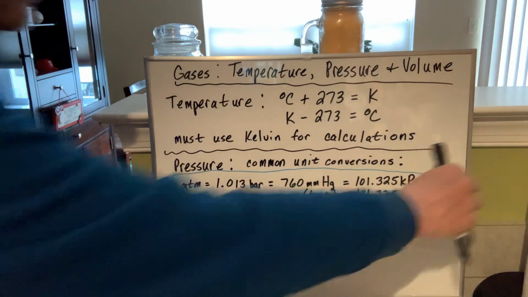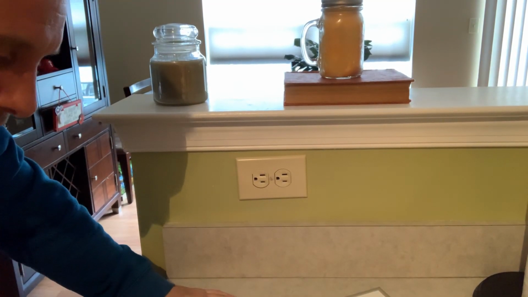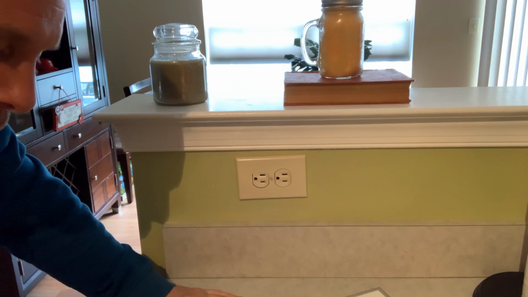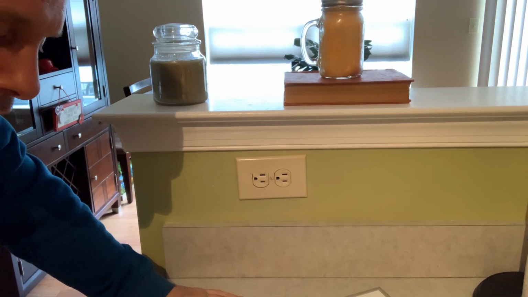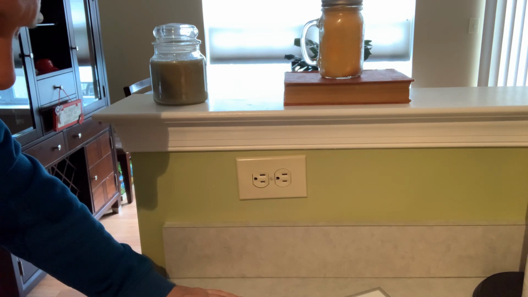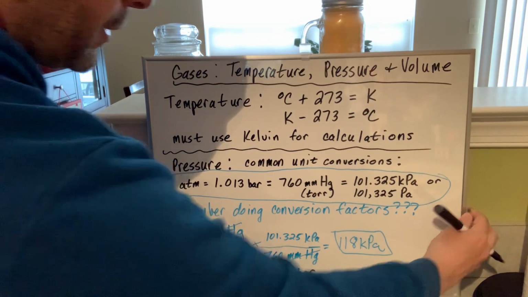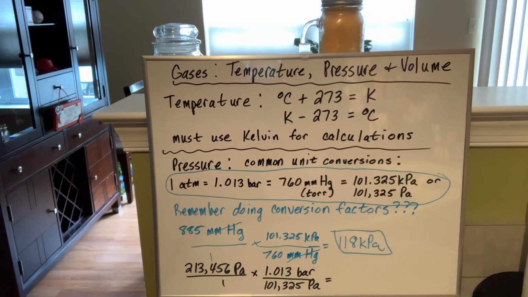So I'm going to set it up like this, right? So I'm looking for bar. I'm going to put that on top. 1.013 bar. That's why it's called a barometer, to measure pressure. And 101,325 pascals on the bottom to convert them out will kind of look like that.